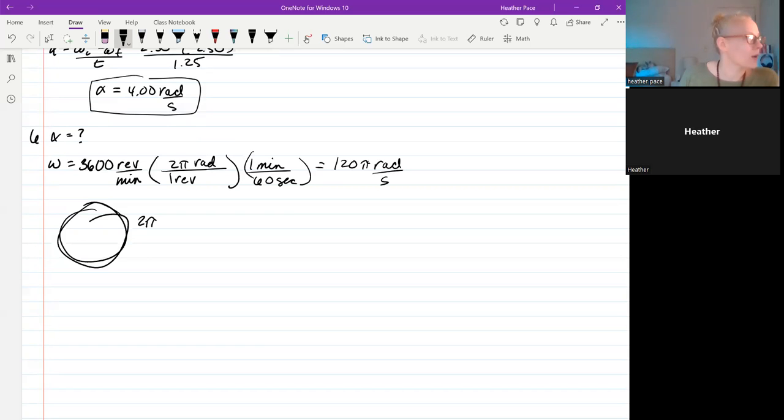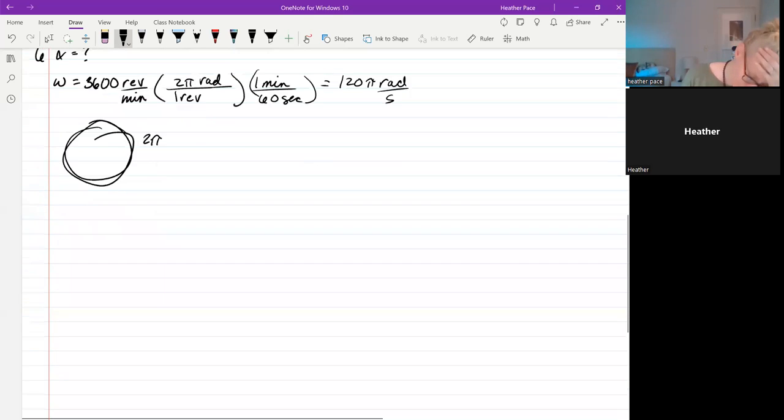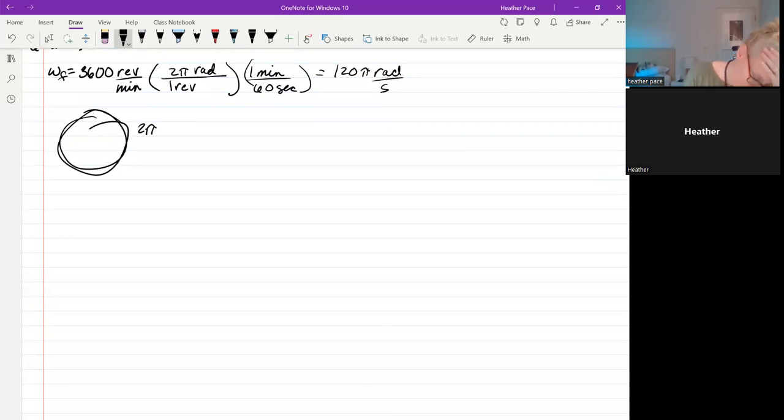All right, so what else do we know? We know that our omega I is the 120 pi radians per second. Our omega F equals 0. It's going to be 0 revolutions per minute, but 0 is also 0 radians per second, so we're just going to put radians per second here.